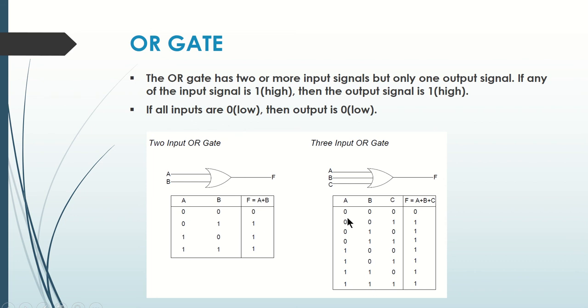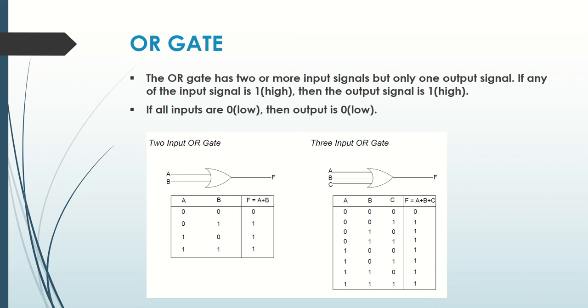Then F is equal to A plus B plus C. For 0 0 0, the output is 0. When you look at the second line, the C value is high, so the output is high. So at least any one of the inputs being high makes the output high, so it is almost high all the time.